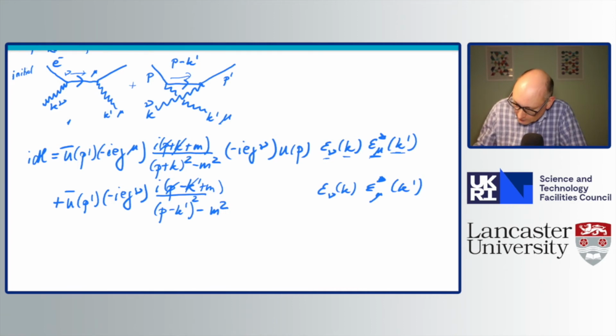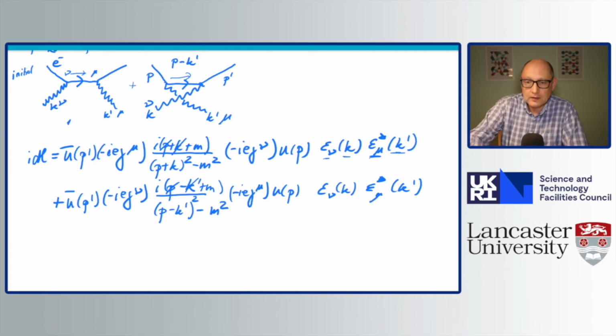Alright, we go down with P, we then emit the photon K prime, so the momentum that flows across the propagator here is P minus K prime. Then we go further to the vertex with the mu, minus i e gamma mu, and then the incoming spinor, u of P.